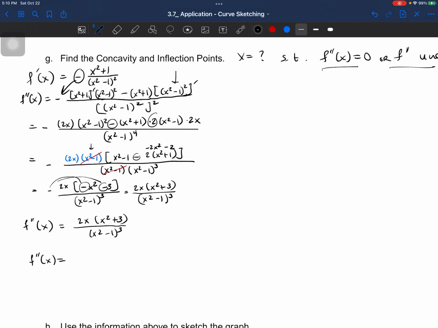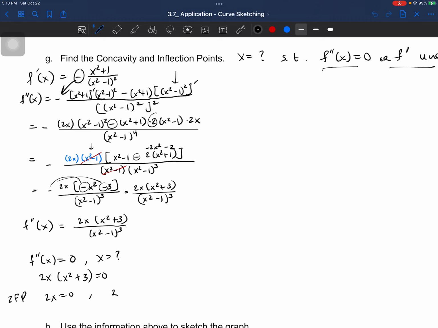Now we have to figure out when this is going to be 0 and for which values this is going to be undefined. So let's look at the first case, when the second derivative will be 0. We're looking for x values that make that true. This is going to be 0 whenever the numerator is 0. Maybe I'll do an extra step here.